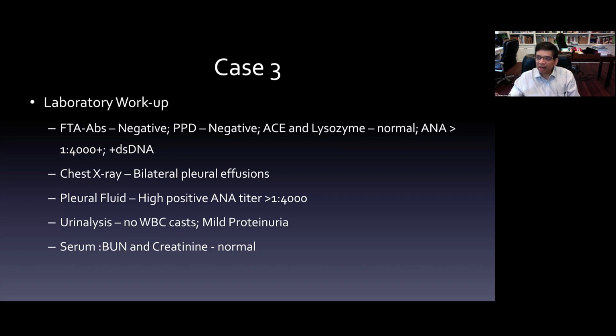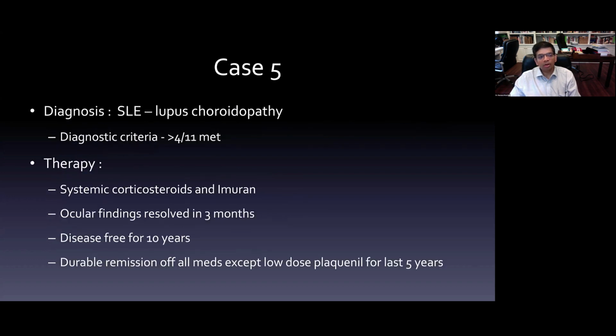This is a case where I didn't initially order anti-nuclear antibody. It was based on the findings of the chest x-ray that I went back and did serology and, of course, evaluated the pleural fluid. We suspected that this was some odd manifestation of lupus, and indeed, she had lupus choroiditis, and she had evidence of renal disease with mild proteinuria as well.